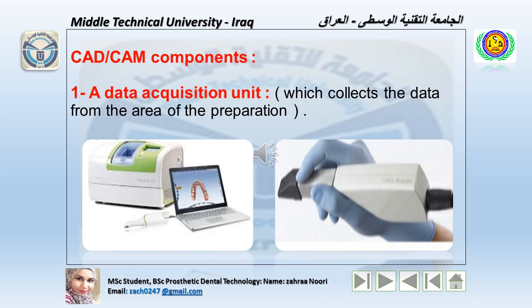In this slide, we show an image of the first component of the CAD system, the data acquisition unit, which collects the data from the area of preparation, adjacent and opposing structures, and then converts them to a virtual impression through intraoral scanners or indirectly by means of a stone model generated through making a conventional impression.